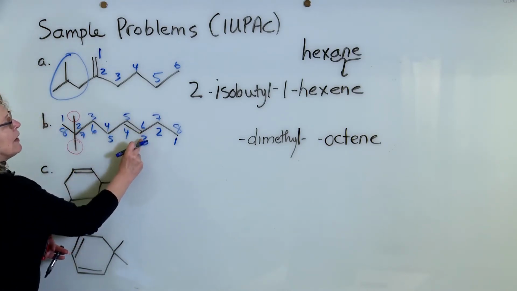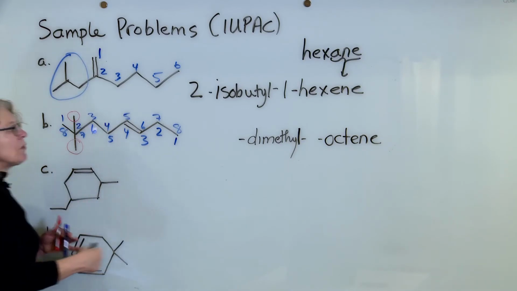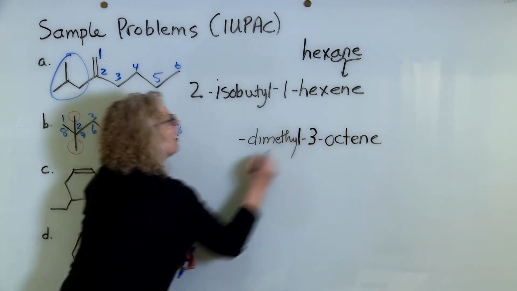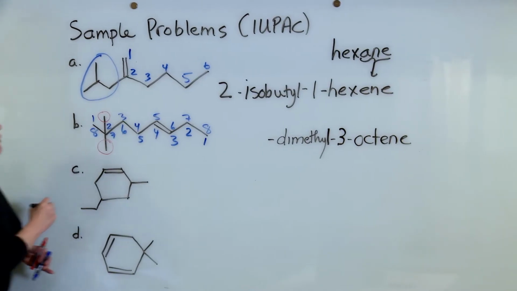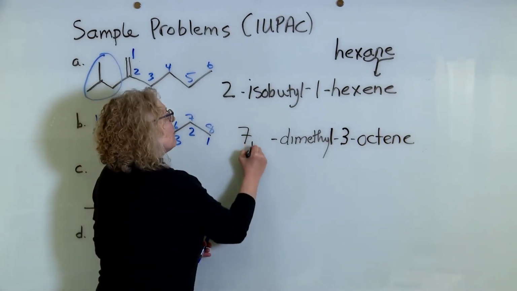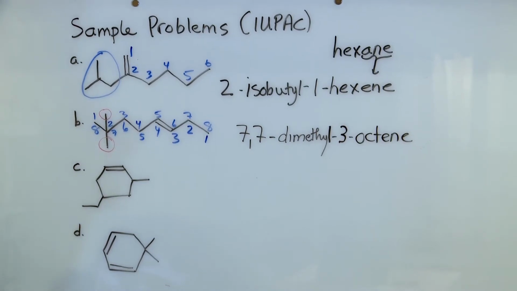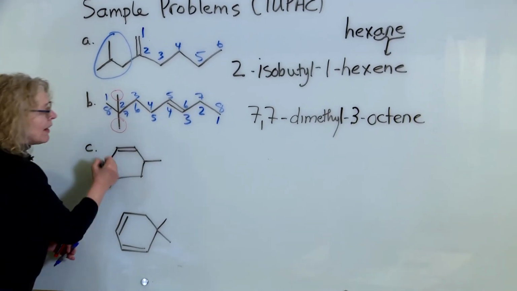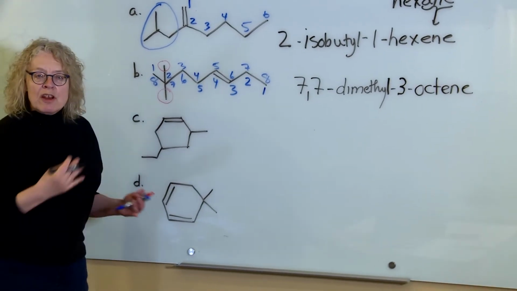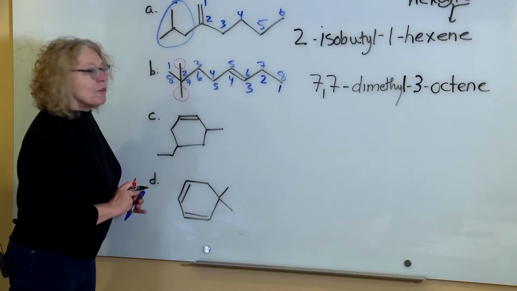So in fact, the correct way to number this is as follows. We put the double bond at the 3 position. This is a 3-octene, and the 2 methyls occur at the 7 position. So this is a 7,7-dimethyl 3-octene. Cyclic alkenes, we change the name cyclohexane to cyclohexene.